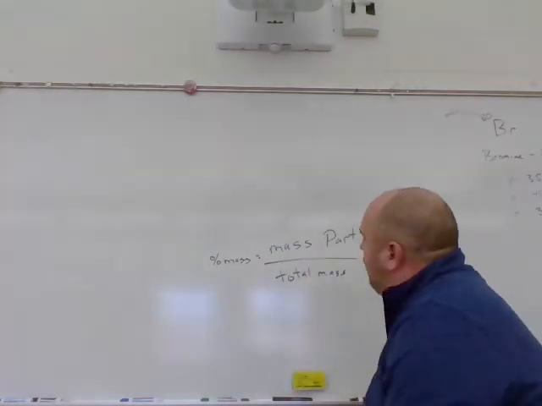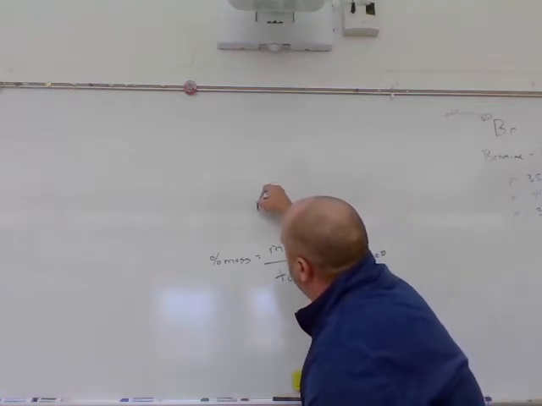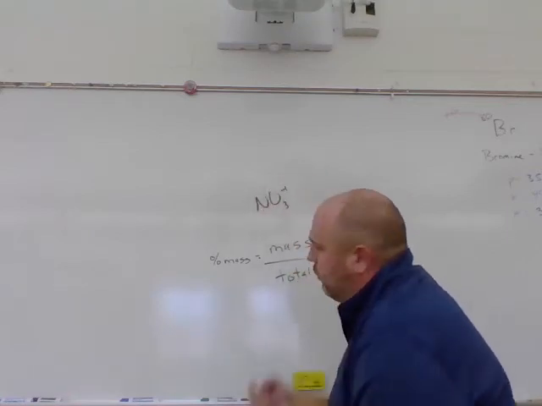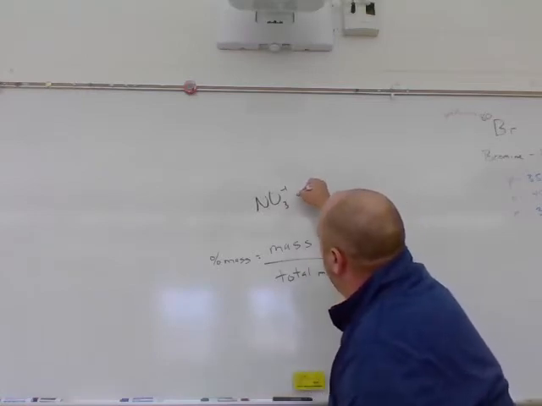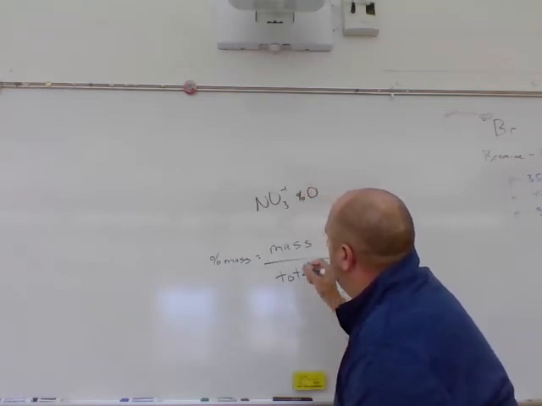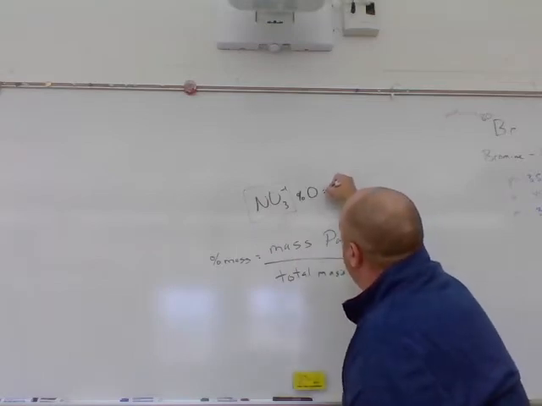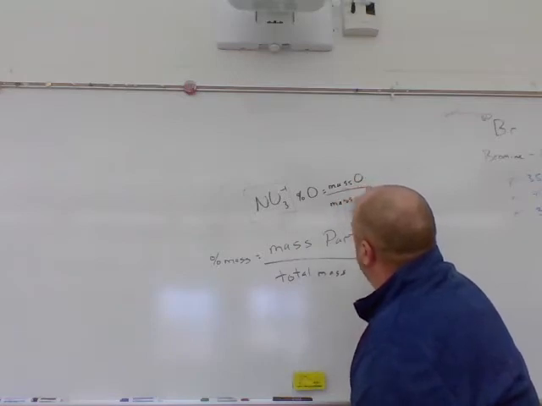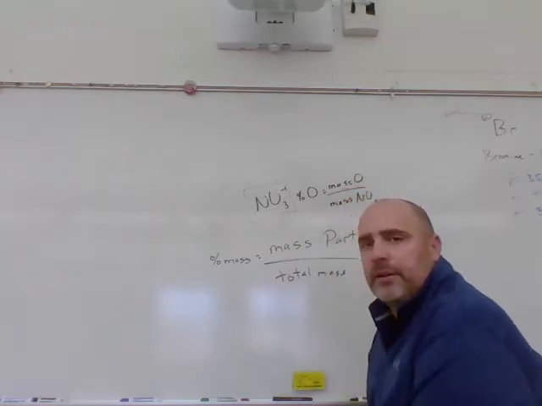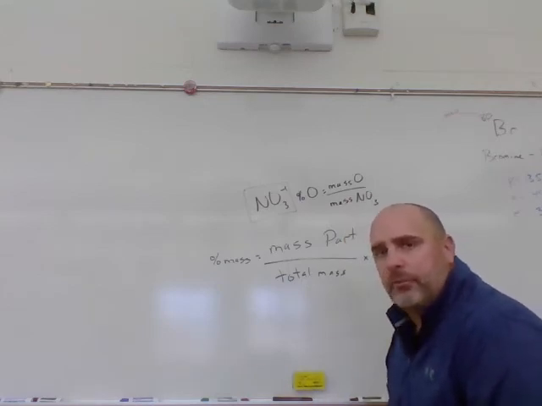Maybe you'll be given something like a nitrate molecule. I know that's not a molecule, it's a polyatomic ion, NO3 with a -1. And if they want to know what's the percent of the oxygen in nitrate, you take the mass of the oxygen part divided by the mass of the whole nitrate. We get mass from the periodic table.